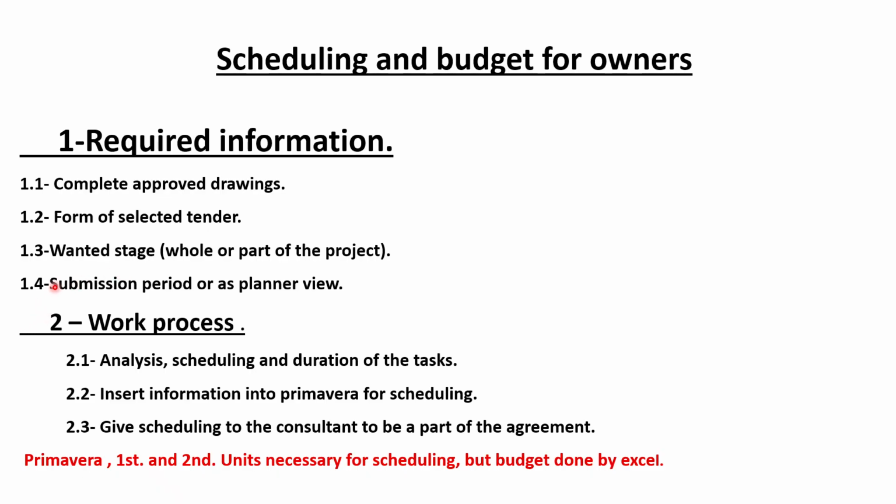He has to tell about the submission period, how many months, for example 3 months, 4 months or so, or let the planners decide this by the periods.